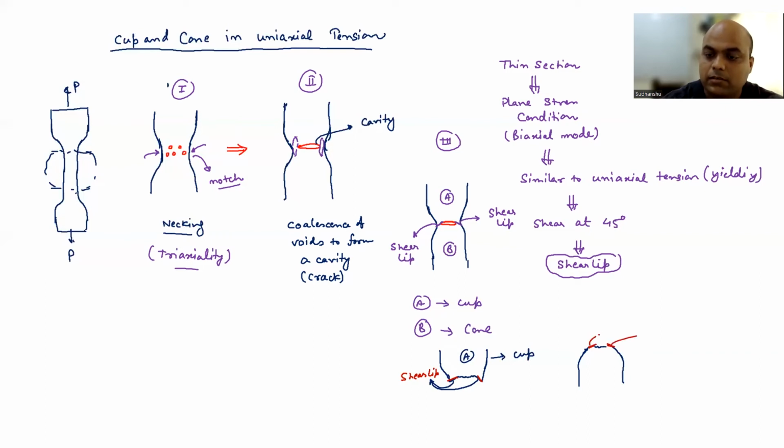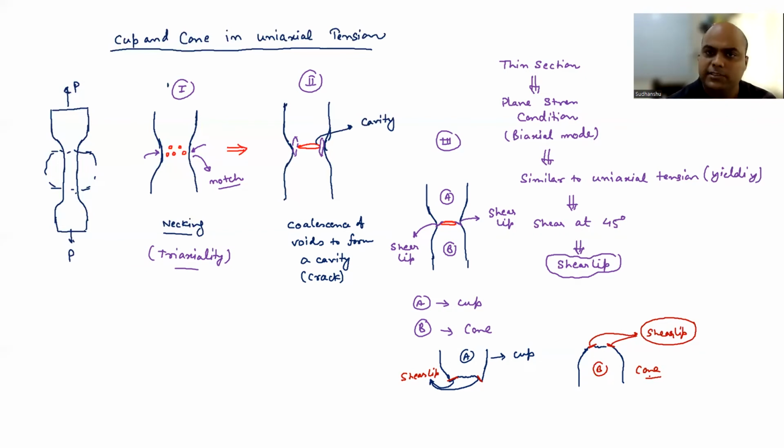So these two are your shear lip. And this is like a cone. Okay, it's like a cone. So this is sample B and it's a cone. Okay, so this is how you form cup and cone when you do uniaxial tension.